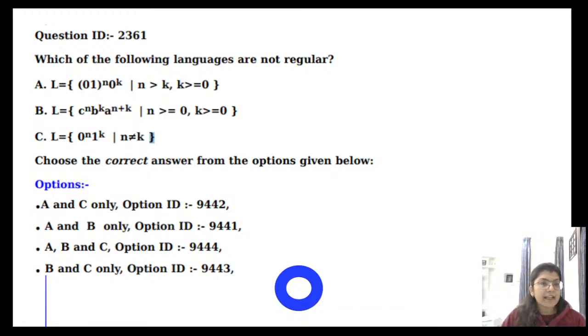So they have given you 3 languages and they're asking which of the following is not a regular language. Try this one.